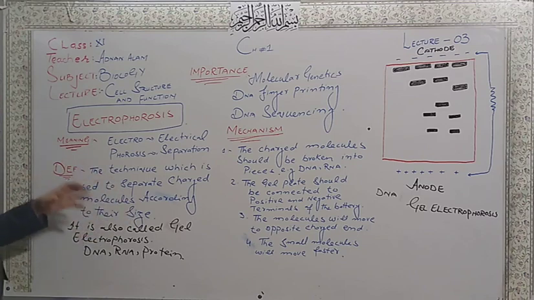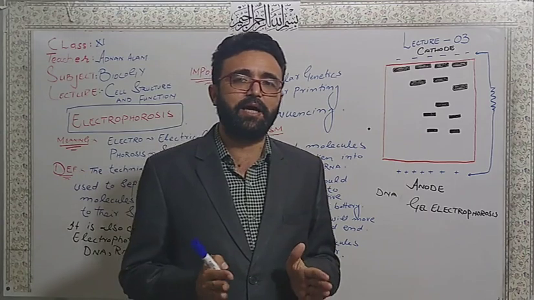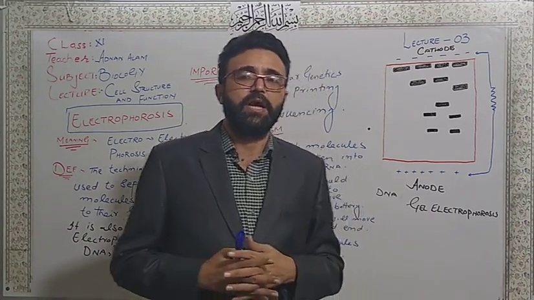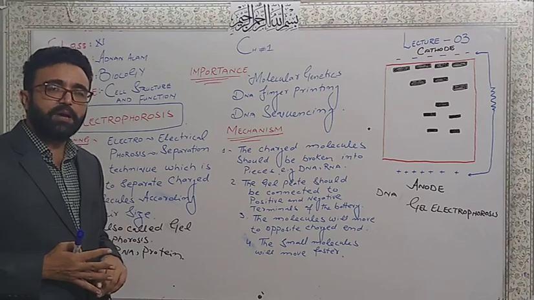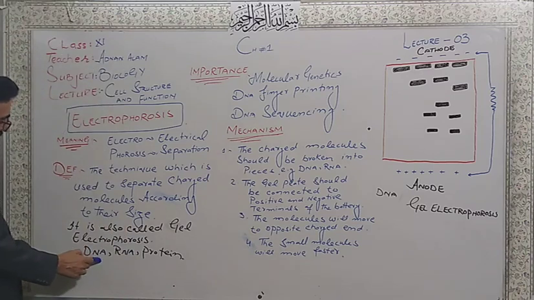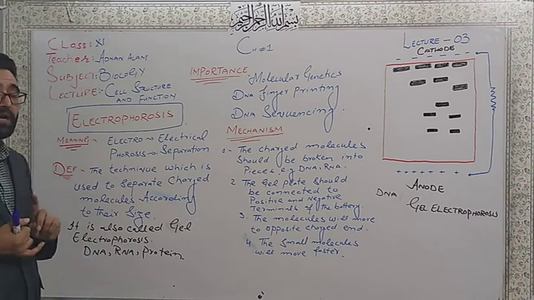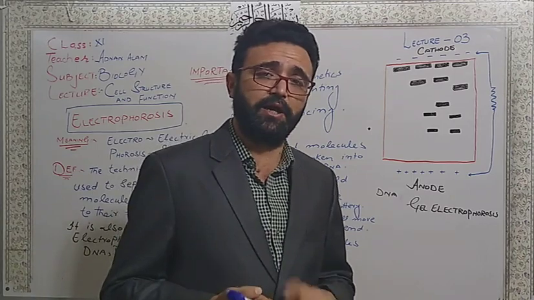It is also called gel electrophoresis because the medium used in electrophoresis is usually agarose or polyacrylamide gel, and this technique is mainly used to separate charged particles like DNA, RNA and protein.